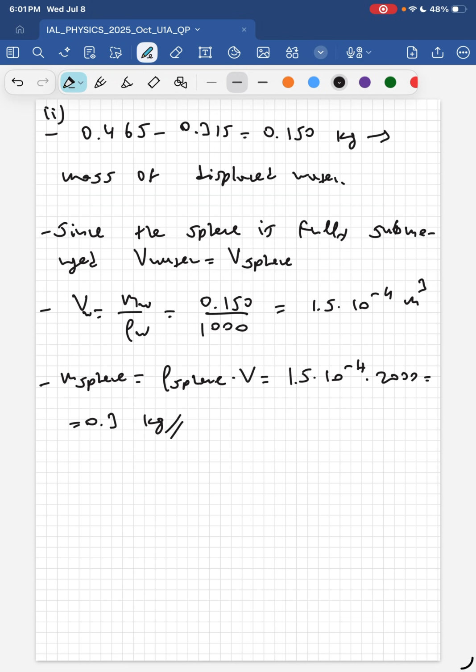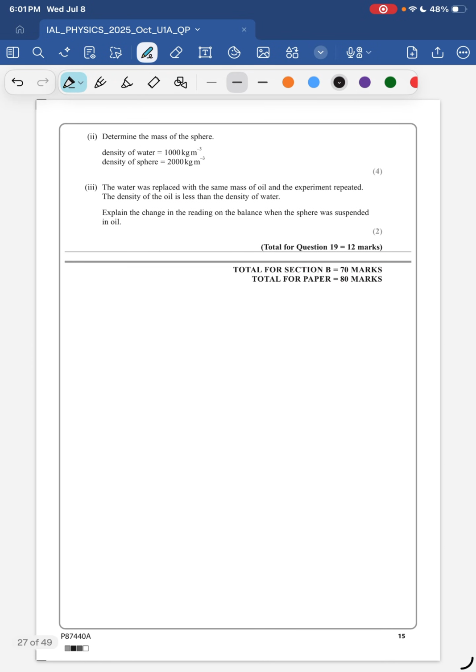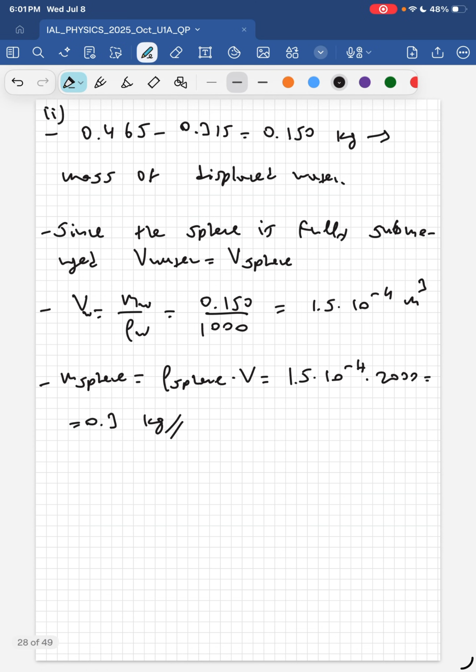So let's move on to part 3, which is the last question. The water was replaced with the same mass of oil and the experiment repeated. The density of the oil is less than the density of water. Explain the change in the reading on the balance when the sphere was suspended in oil. Part 3, let's work down here.